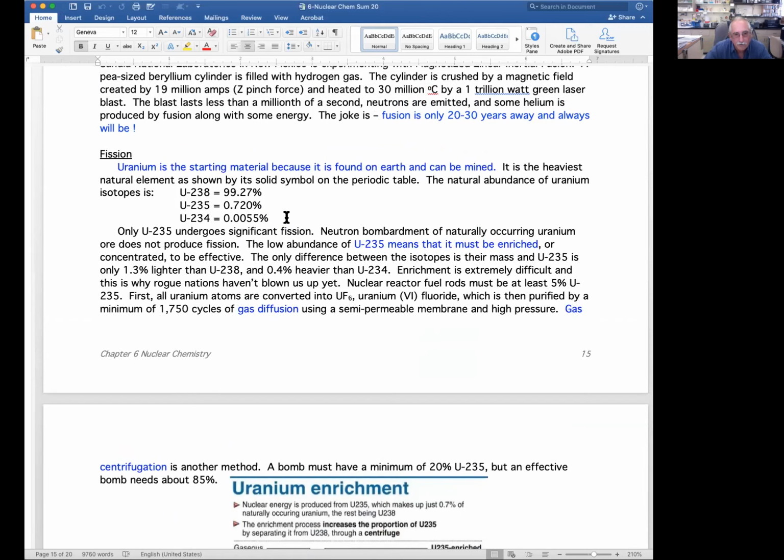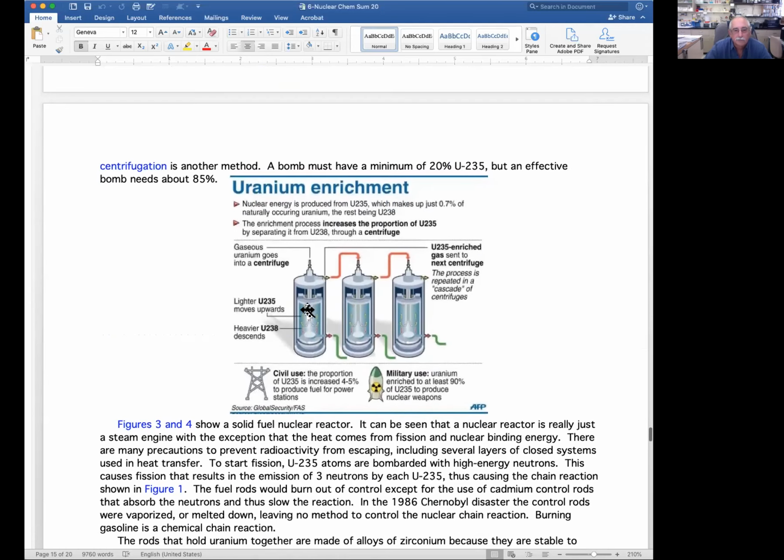So you do that for a while, and then after you get rid of that, uranium-235 will centrifuge down faster than uranium-234. So here's the process. You want to end up with your uranium-238 in here, uranium-235 in here, and uranium-234 is basically left in here.